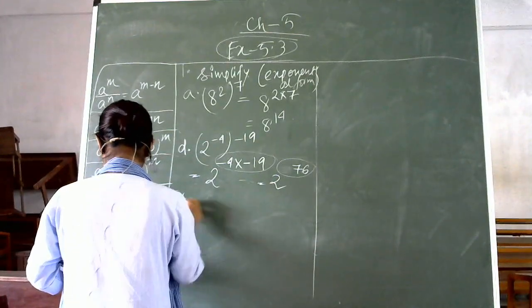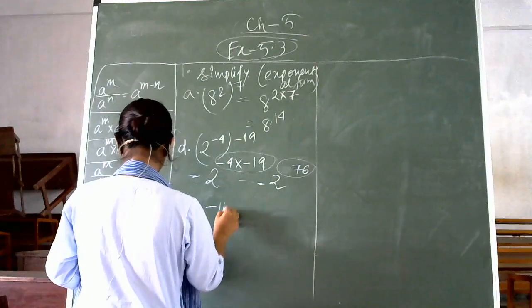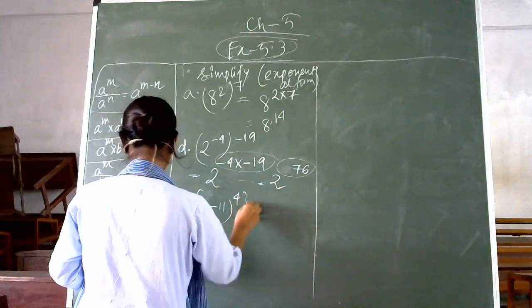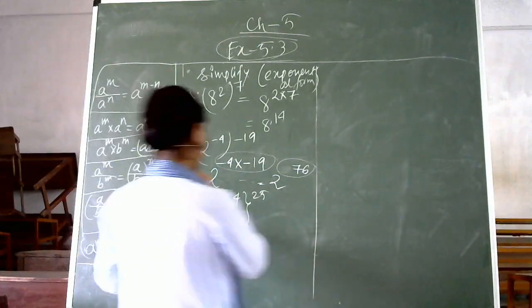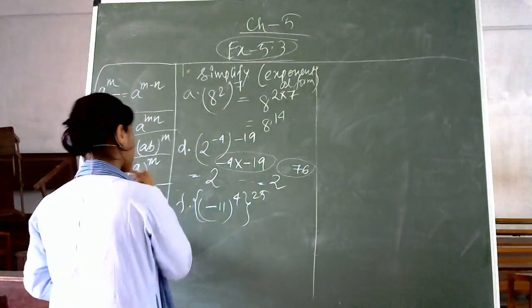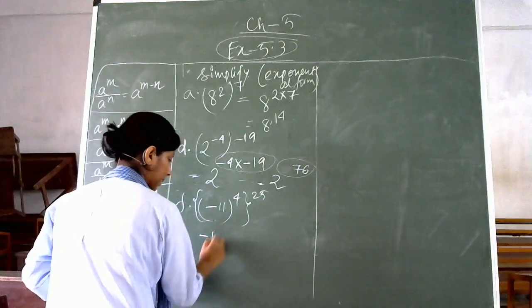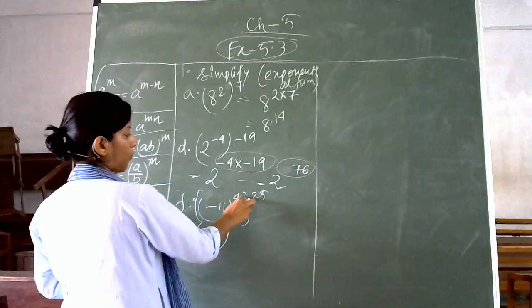Next, you see this one. Now in this question, the number is itself negative, so minus 11, right? Now what is the power?